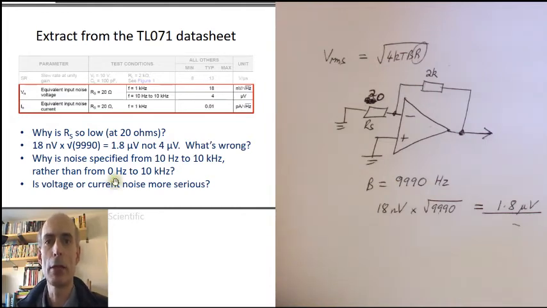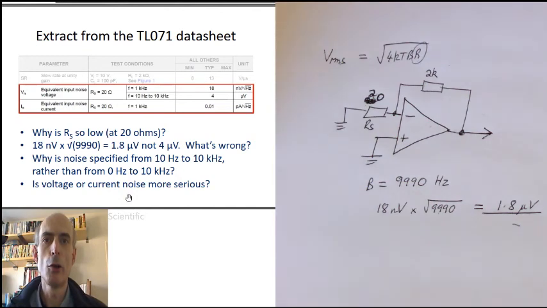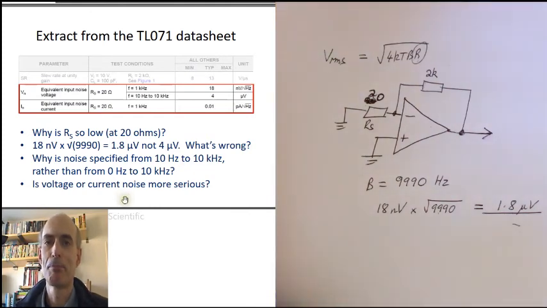If you have an application that really does need an extremely small amount of noise at very low frequencies, then a TL071 is probably not the op-amp that you would be using anyway. There are some op-amps and some whole families of op-amps that are designed for very, very low noise operation at very low frequencies. This isn't one of them.